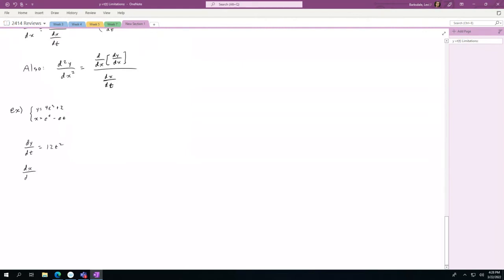We can also find dx over dt by taking the derivative of our x equation. That's e to the t minus e. Which means that dy over dx is equal to dy dt over dx dt is equal to 12t squared over e to the t minus e.